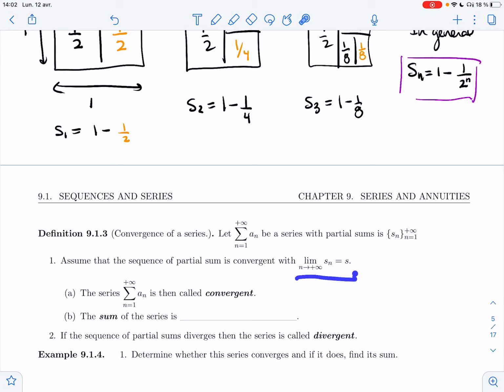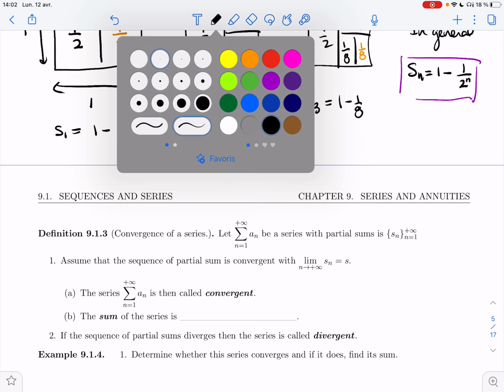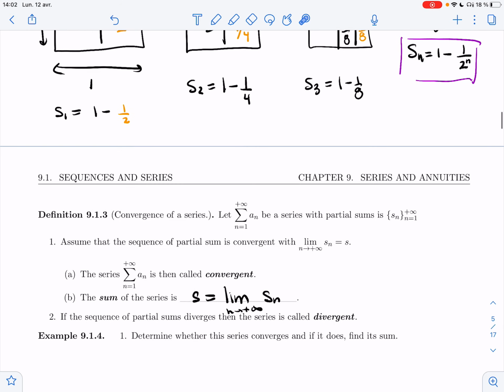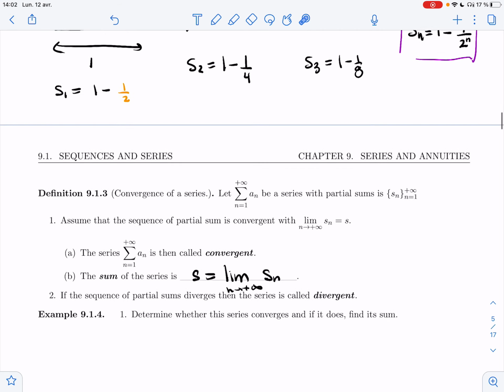Then if the sequence of partial sums gives you a limit, the series is called convergent, and the sum of the series is that limit S. If the sequence of partial sums diverges, then the series is called divergent. So a series is really a limit, just like an improper integral was really a limit. It's a limit, and to figure out what the limit is, you first need to figure out what the partial sums are and then apply a limit to that sequence.